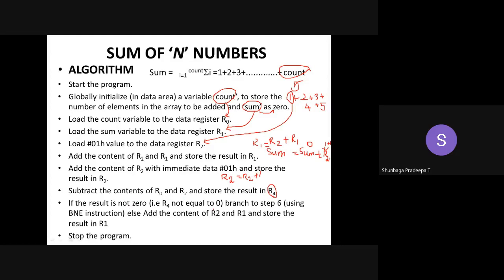If it is not equal to 0, then I have to repeat this addition. If the difference is 0, it means I have reached the last count. Then you add this last number and stop the program.